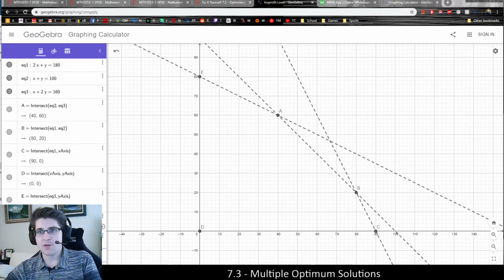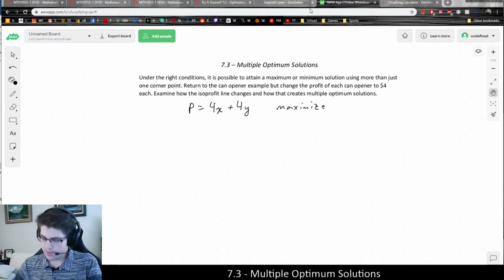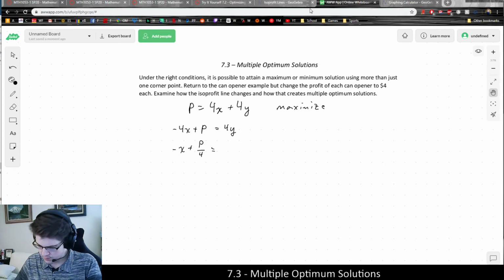If we graph the isoprofit line, notice that if we solve this line for y, that's how you identify the isoprofit line: negative 4x plus P is equal to 4y. If I divide by 4, I get negative x plus P over 4 is equal to y. This would be my isoprofit line.